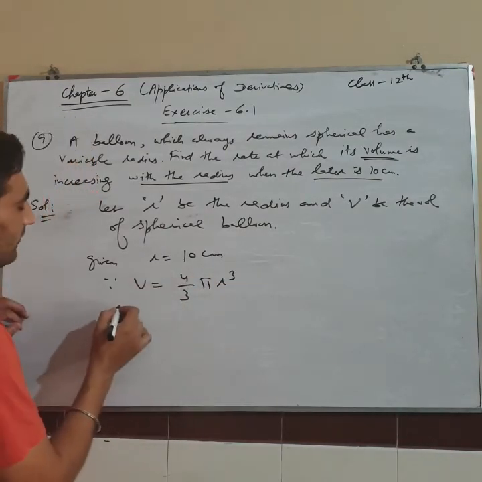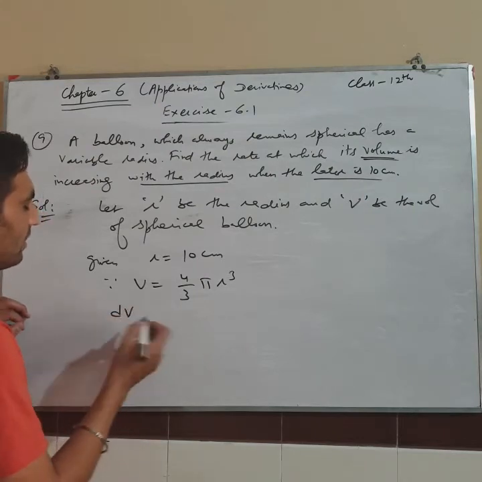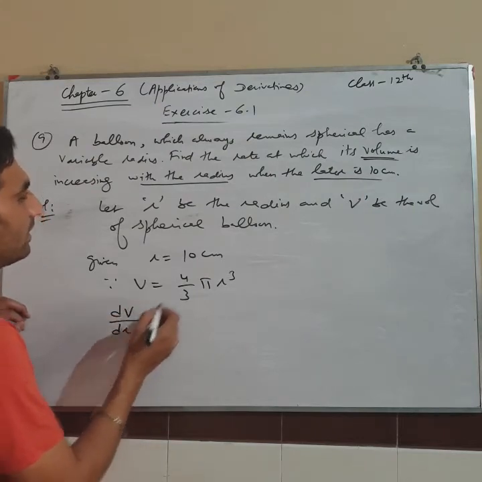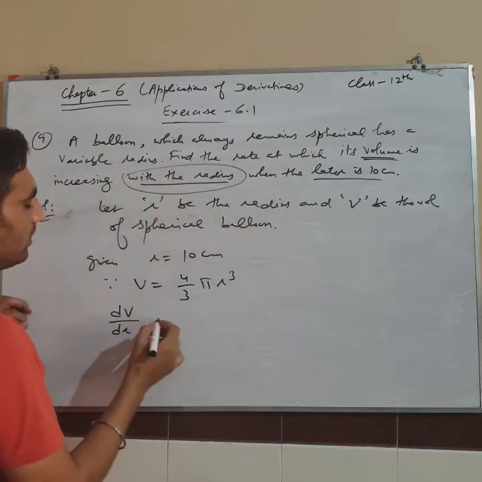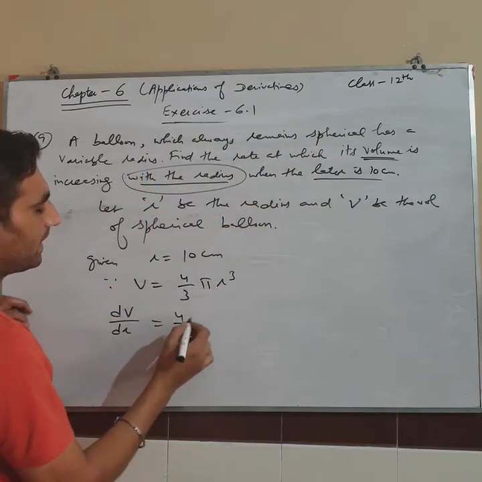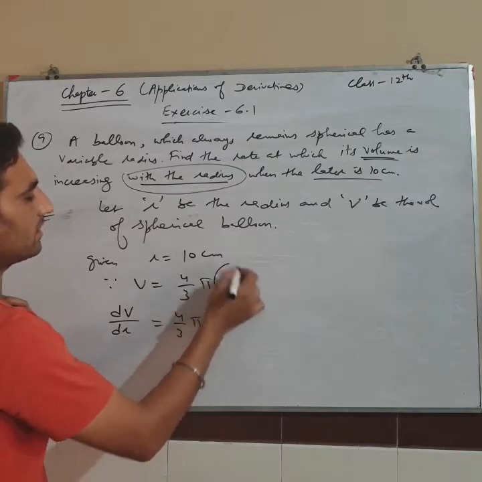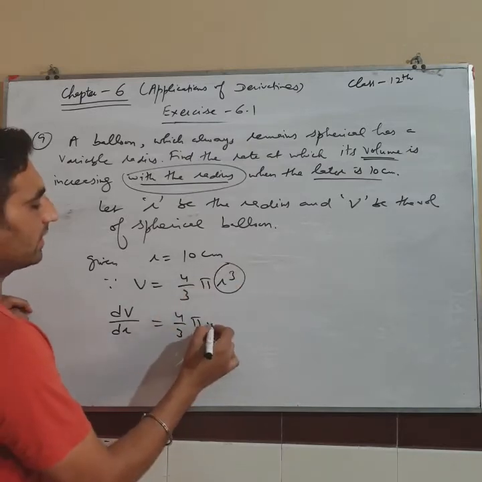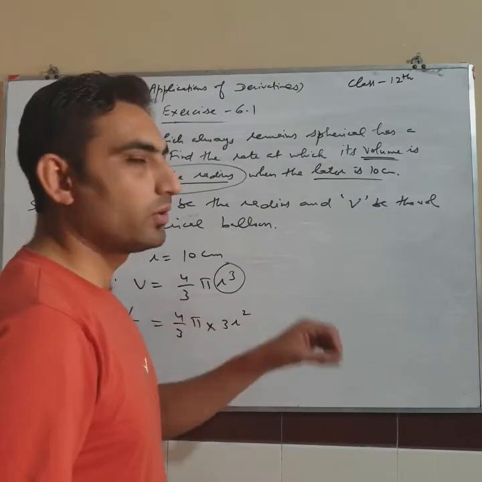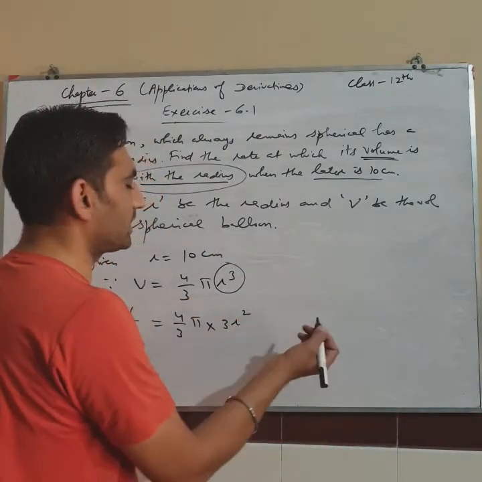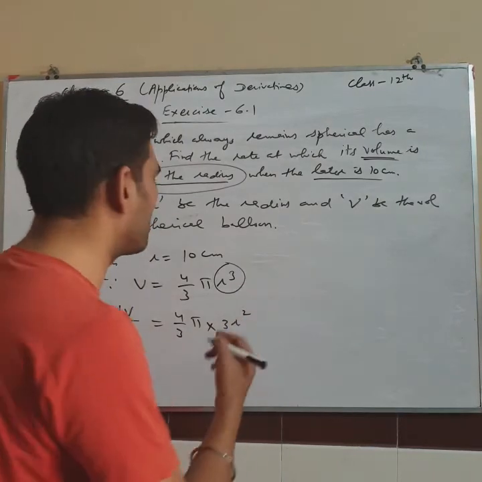Now write differentiation, the derivative with respect to radius, because it is given with radius. So dV over dr will be 4 over 3 pi as it is, and its derivative 3r square only, and dr over dr, the derivative of r with respect to r, will give only 1, so I am ignoring that.